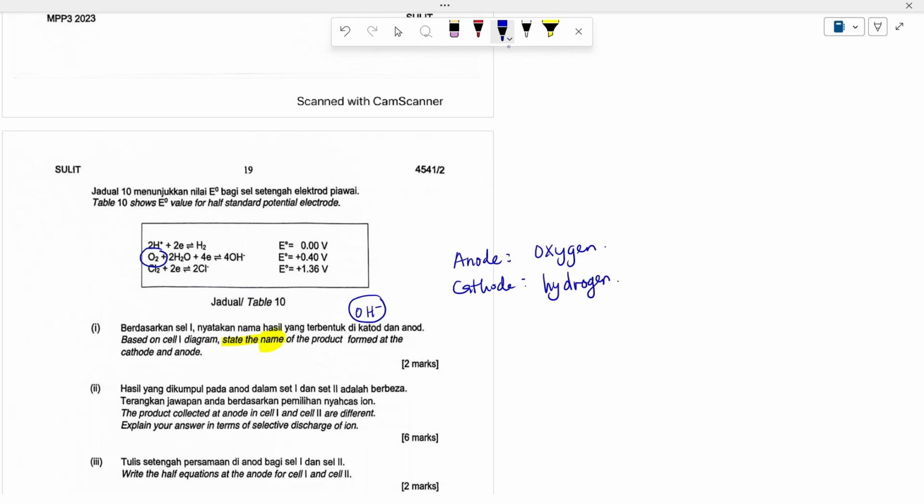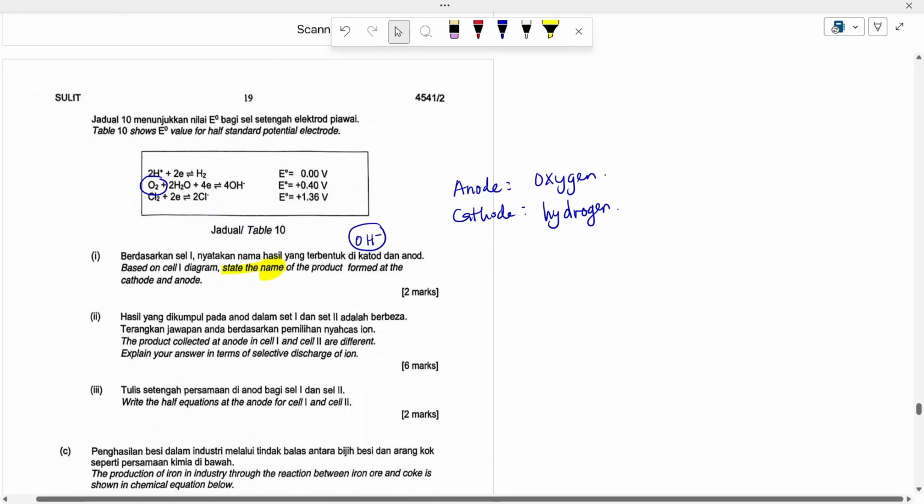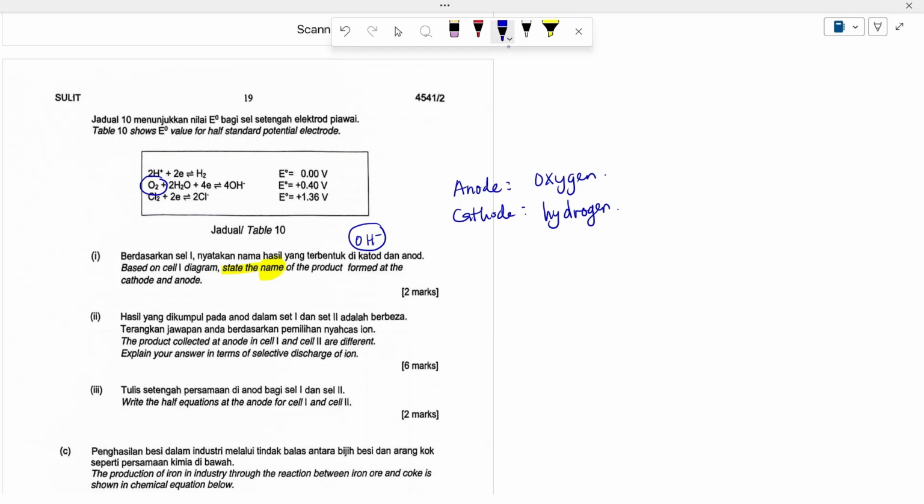Okay, so 2 marks. Now number 2, the products collected at the anode in cell 1 and cell 2 are different. Explain your answer in terms of selective discharge of the ions. So 6 marks here. Let's see. We can explain one by one slowly.